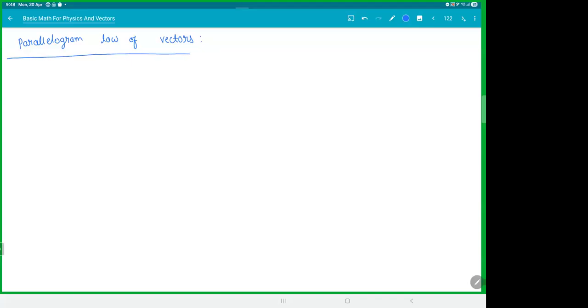So if you consider two vectors A bar and B bar, with an angle theta between them.